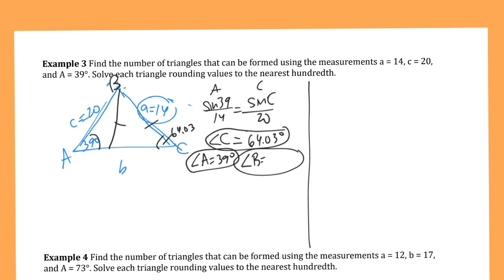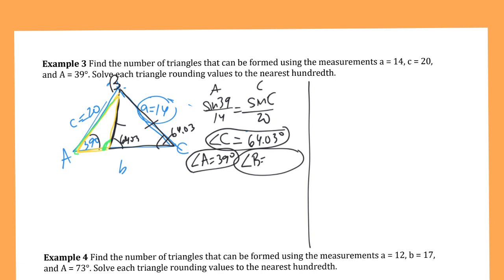And because it's an isosceles-like triangle here on the right, we're going to say that the two base angles have to be 64.03. And then if we want to find this more narrow option for angle, side, side, we find the supplement of 180 degrees minus 64.03 to find this angle right here.